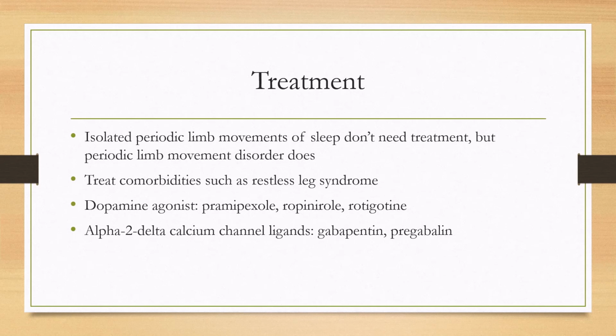However, if you have just isolated periodic limb movement disorder, you can treat it with similar medications to restless leg syndrome, such as dopamine agonists like pramipexole, ropinirole, or rotigotine. Alternatively, you can use alpha-2 delta calcium channel ligands such as gabapentin and pregabalin.